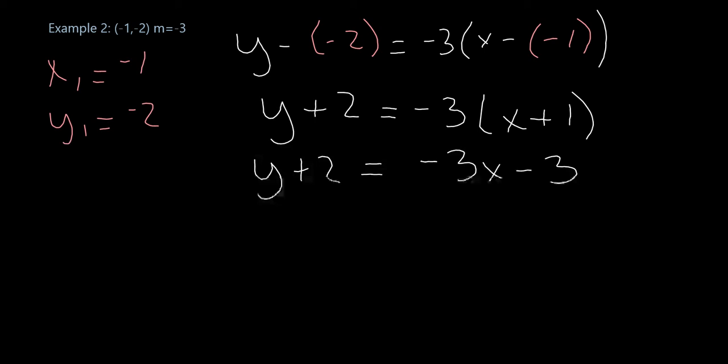Now we need to get y by itself. To do that, we need to subtract the positive 2. We need to undo, so subtract 2. Since it's a constant, we subtract it from the constant on the right-hand side. So now we have y equals negative 3x minus 5.